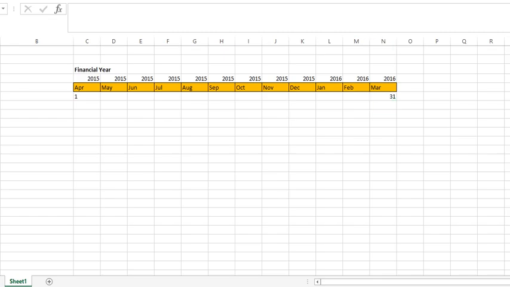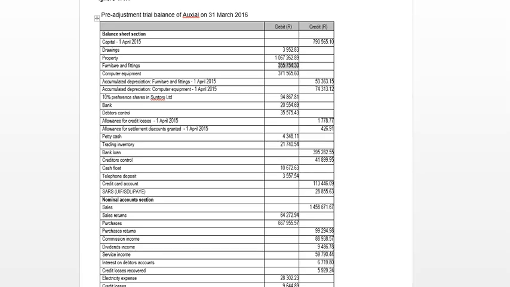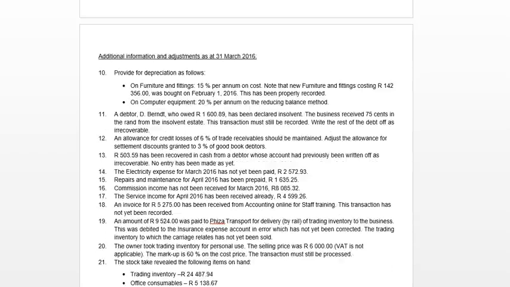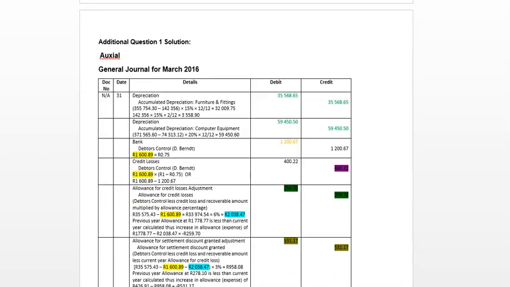So let's go to our timeline. So in our timeline, we said it's $355,754 and 50 cents. We also know that our accumulated depreciation on furniture and fittings is $53,363 and 15 cents. Okay.